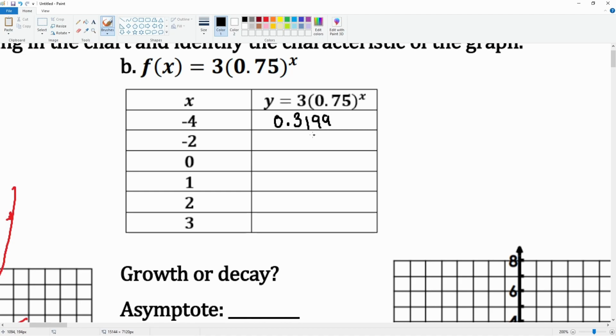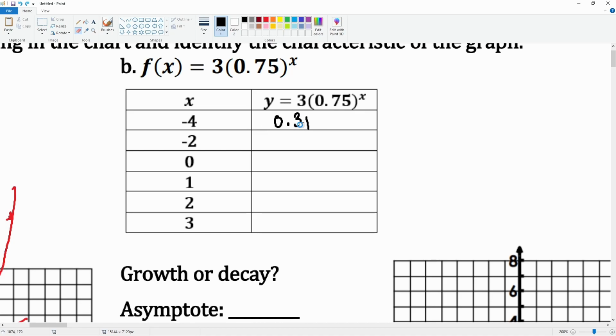If we plug in a -2, we get 0.9796. Sorry, I typed in the wrong thing. To the x. Yes, okay, this makes more sense.